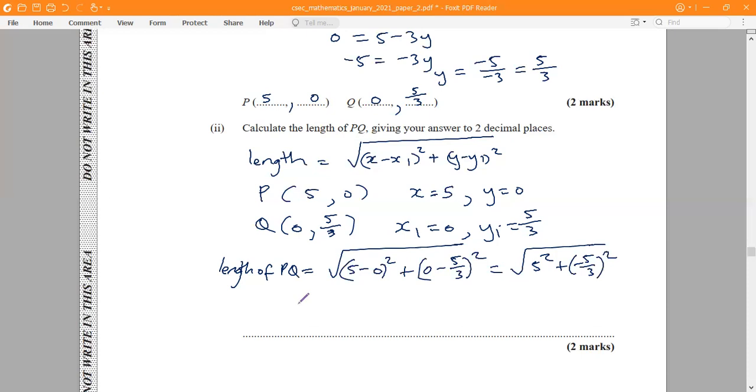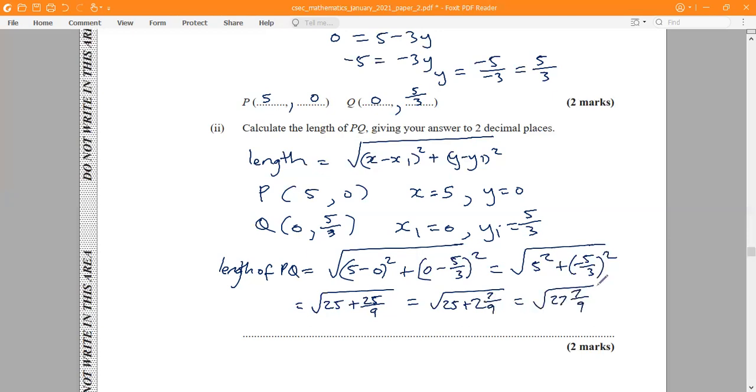So that's equal to square root of 5 squared, 25, plus -5 over 3 times -5 over 3, that's 25 over 9. Remember, a negative times a negative number gives a positive. This is the square root of 25 plus 9 into 25 is 9 2s are 18, remainder 7 over 9. This is the square root of 27 and 7 over 9.